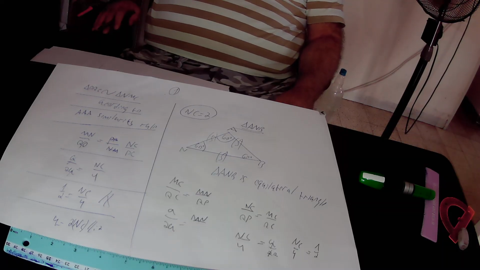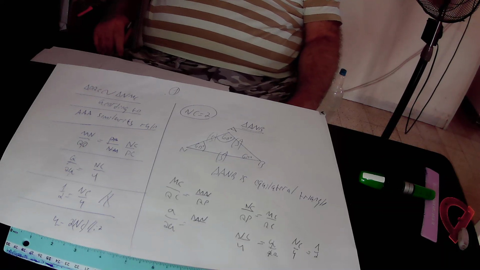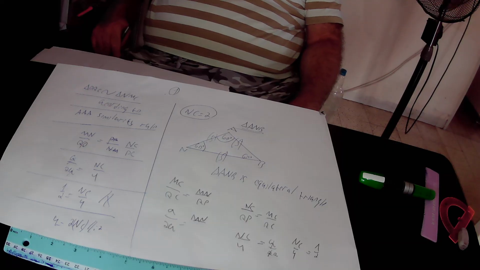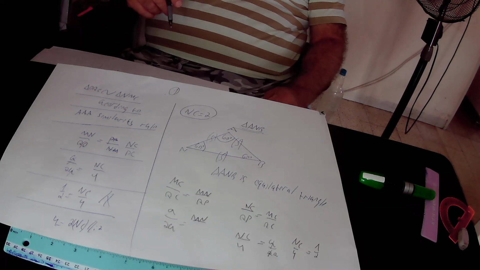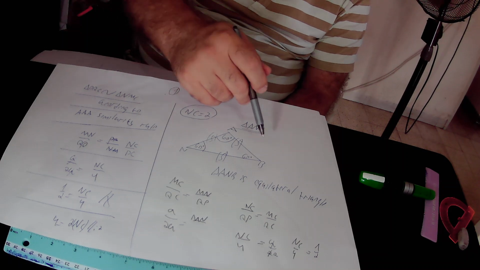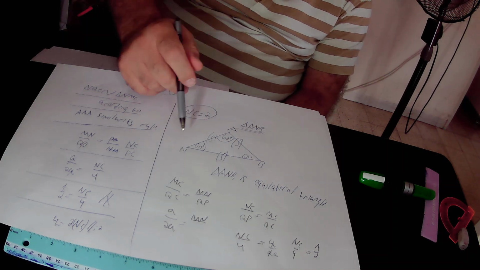So we found out that triangle ABN is an equilateral triangle because all of its angles are equal to each other, so therefore AB equals BN equals AN equals 5.